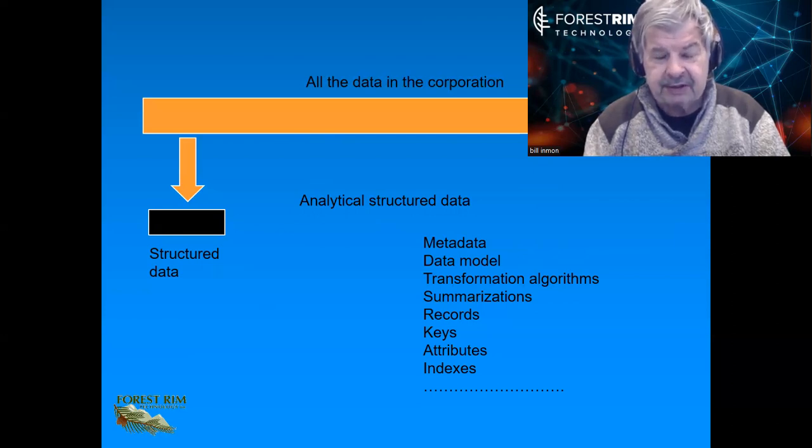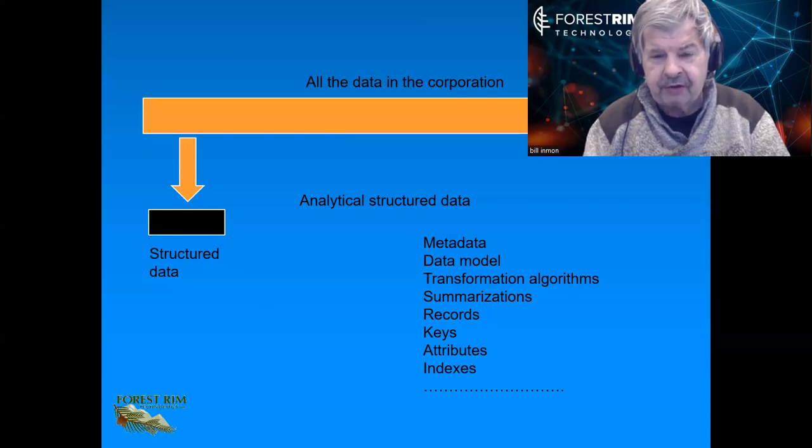And so that's what we mean by structured data, where each of the units of data found are the same. The contents of structured data are certainly different, but the structure of the structured data, in fact, is the same.